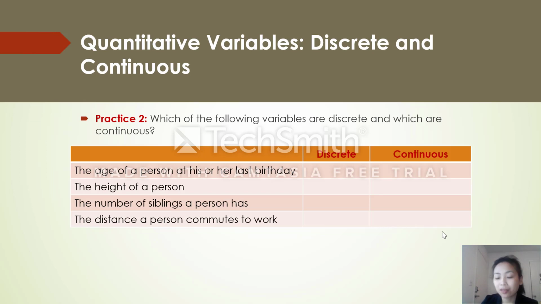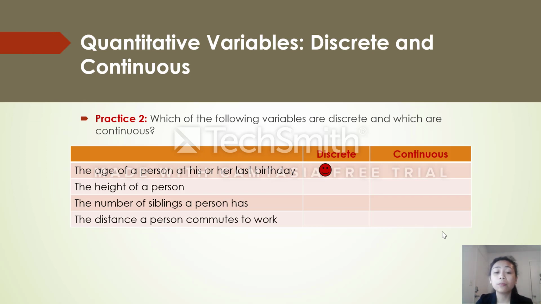You don't have something like 2.5 years old or 6.5 years old, because when you turn your birthday, your age should be a whole number. So this is an example of discrete, because the age of a person at his or her last birthday can be listed. Second example, the height of a person.